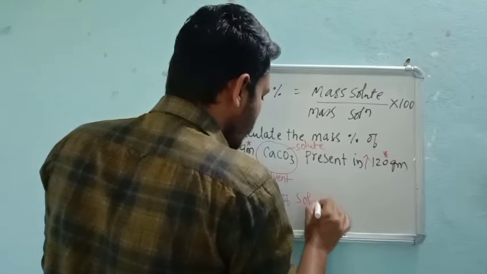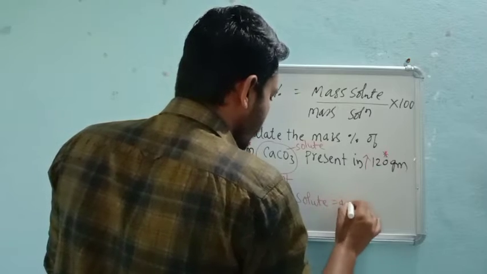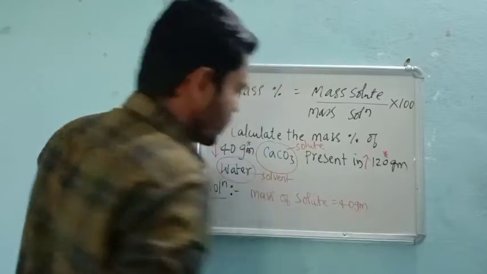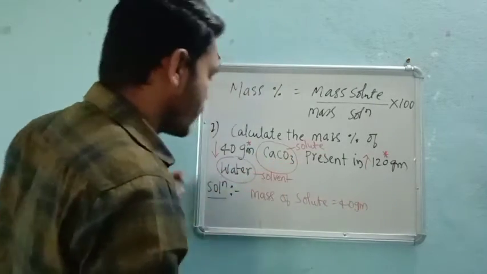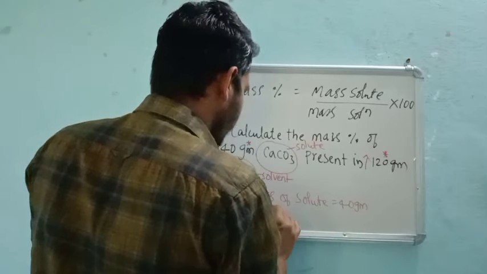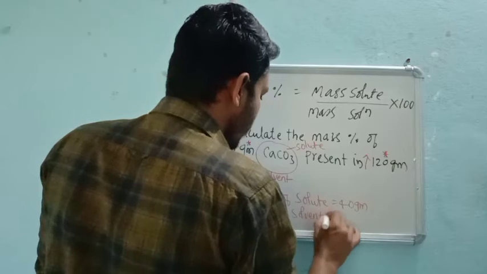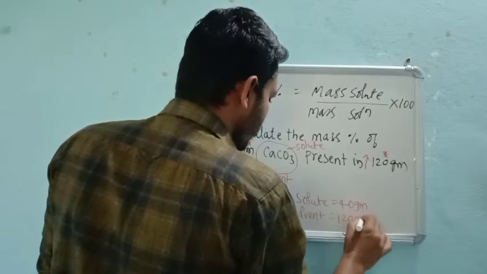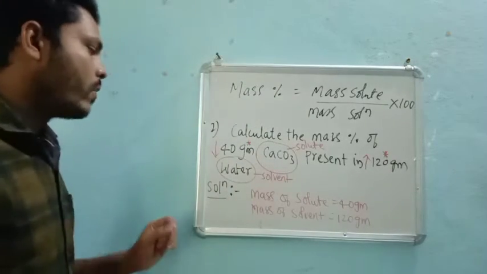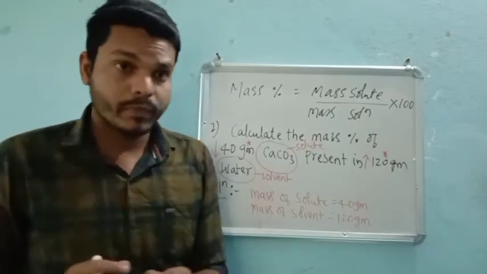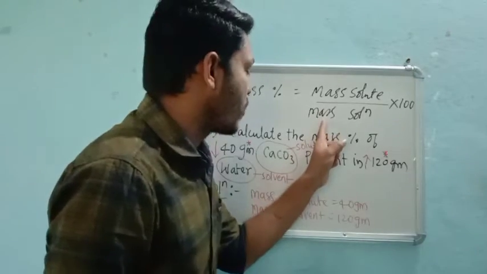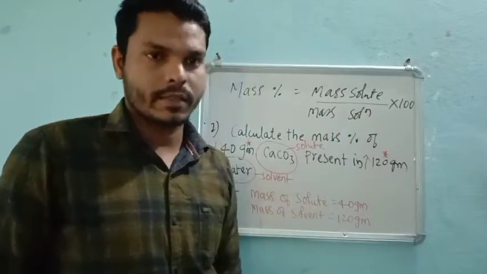Now according to the problem, mass of solute: they have given 40 gram, right? And the mass of solvent is equal to 120 gram, right? Here in the problem, mass of solution they have asked.